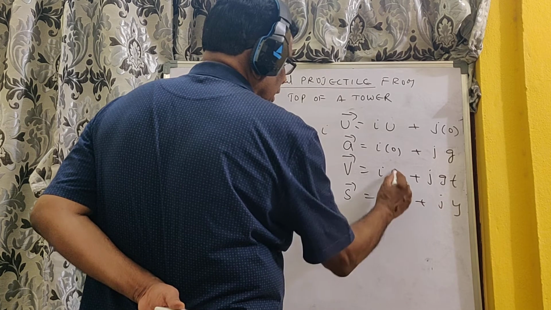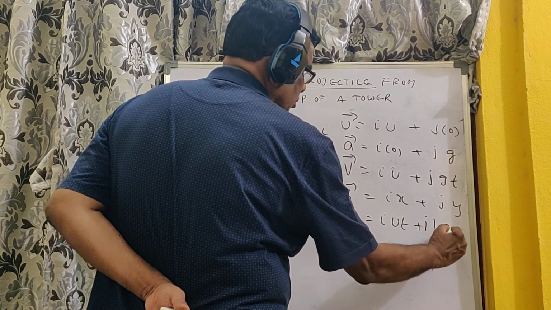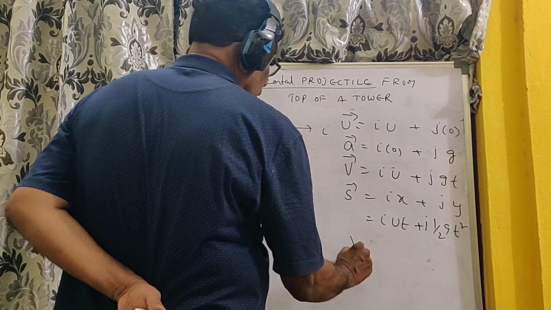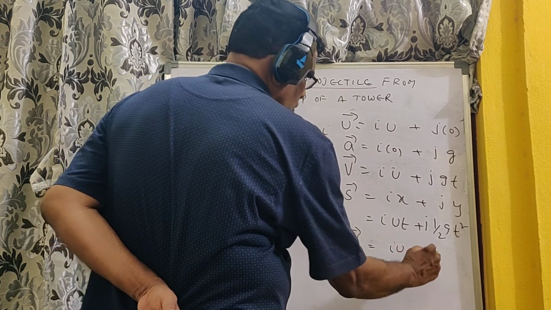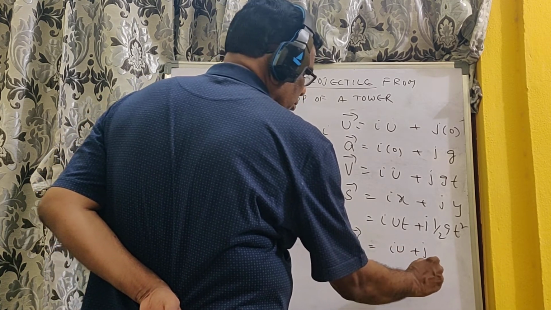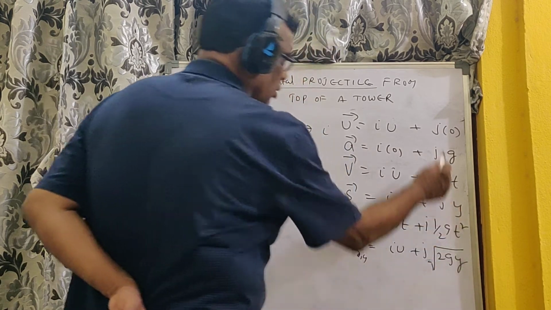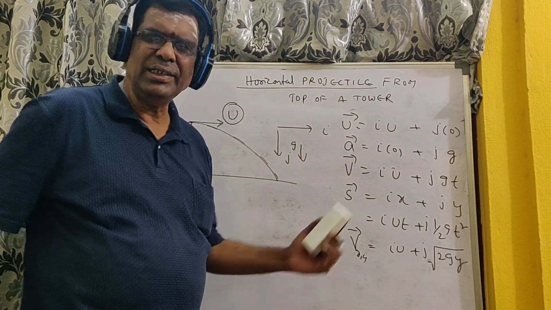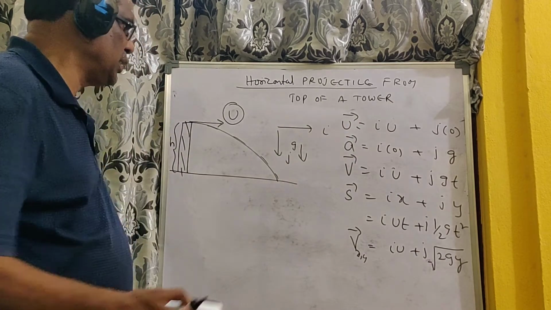What is ix? x is ut, and along j there is nothing because no initial velocity. And finally, v is i u plus j root 2gy because initial velocity is 0. You see, so easy to write these equations once you establish these two.